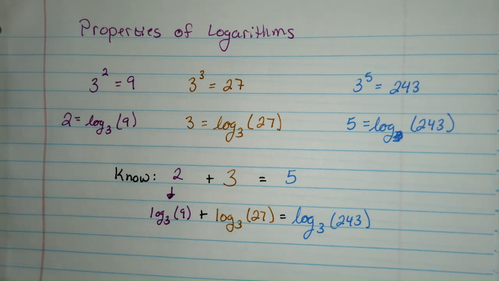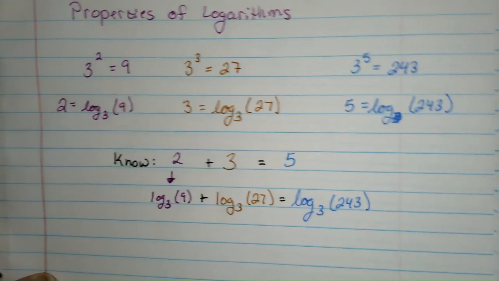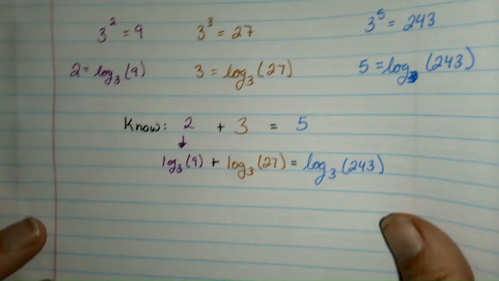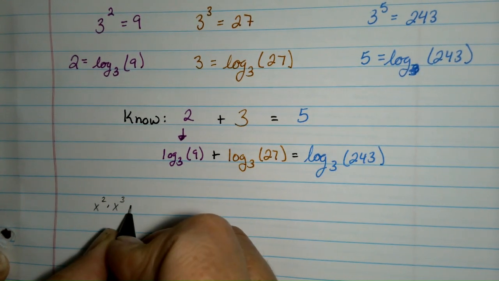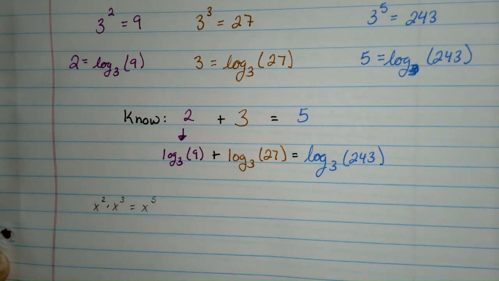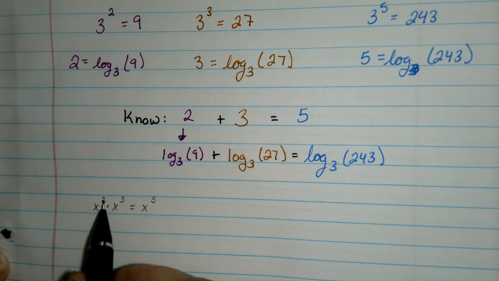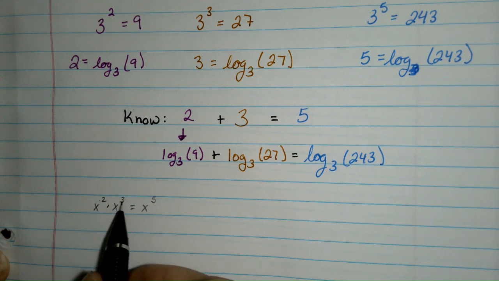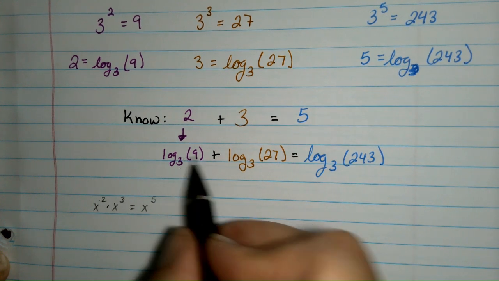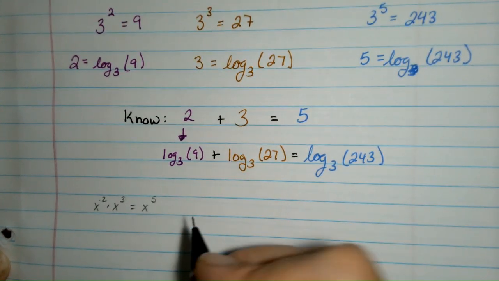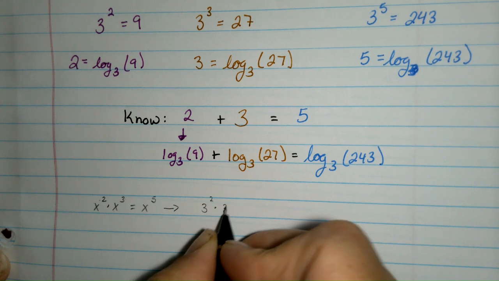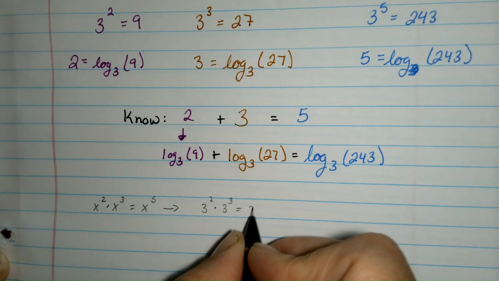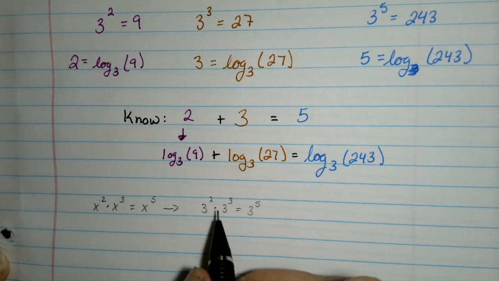So a couple of things I notice. I know that x squared times x cubed equals x to the fifth, because when I multiply bases, I add my exponents. Wait, I add my exponents? And don't logs equal exponents? So in this case, 3 squared times 3 cubed equals 3 to the fifth, right?